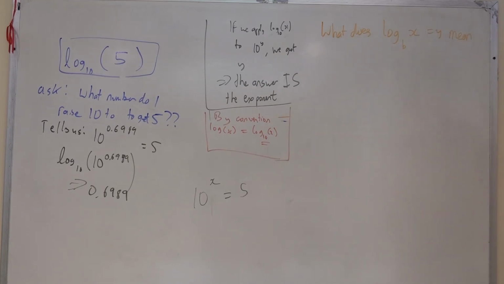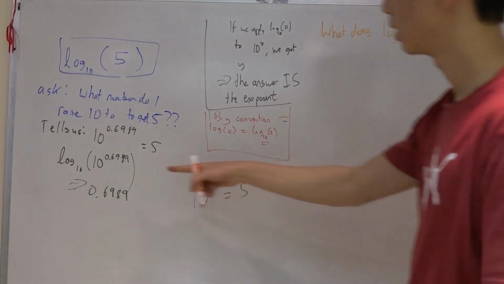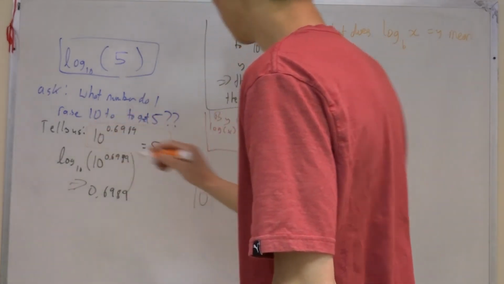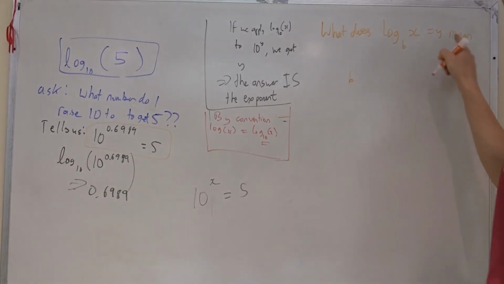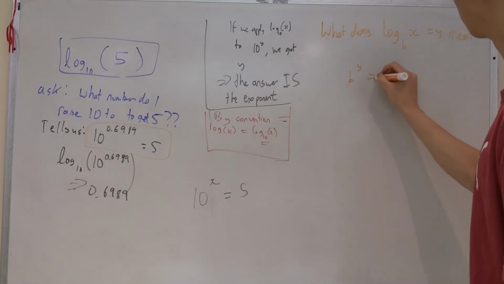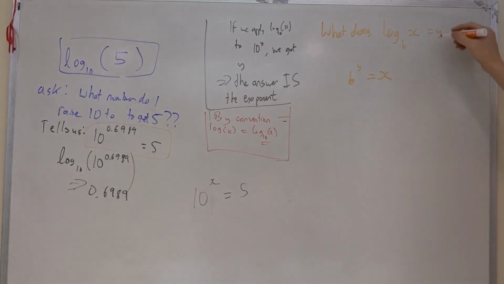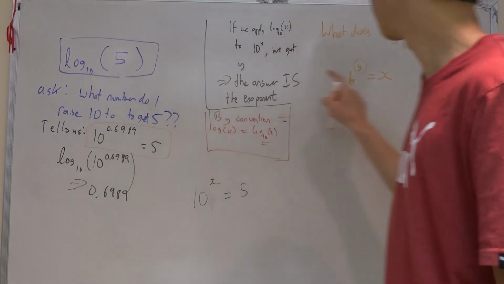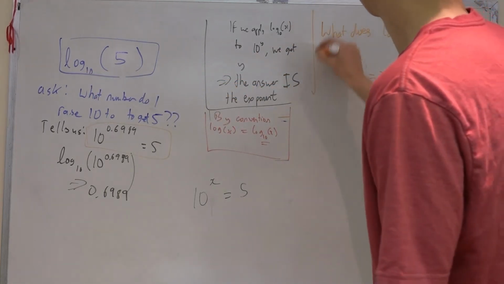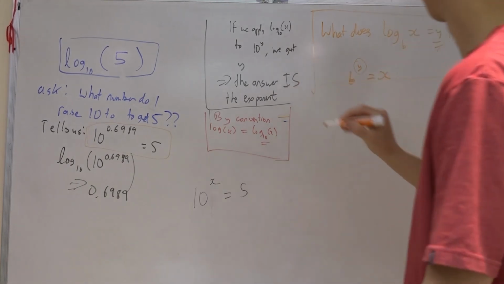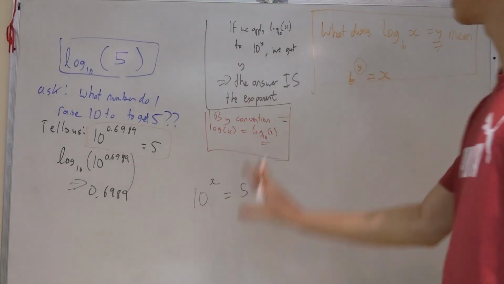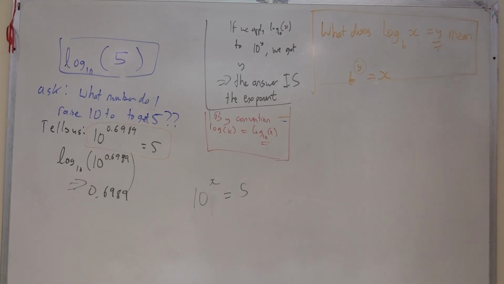Well, as we've seen here, it just means b to the y is equal to x. The answer y is the exponent. b here, the little b in the bottom, is the base. This is all you needed to know. If you did not understand any of that, this is all you could have gone off by. This is what we've been building up to.